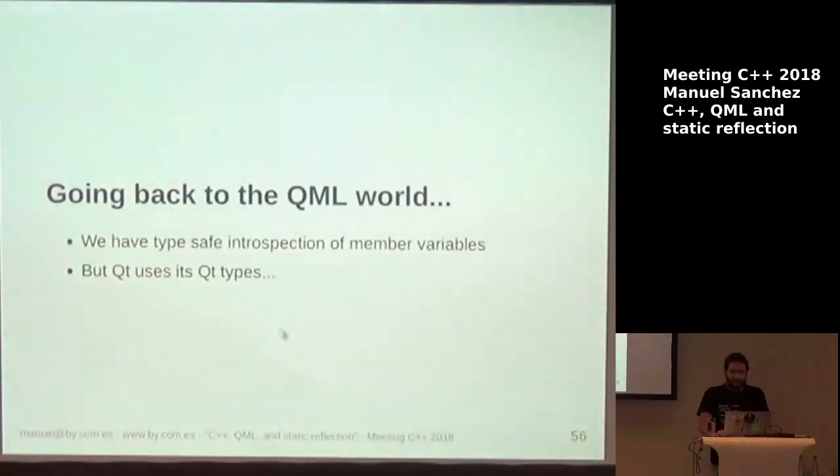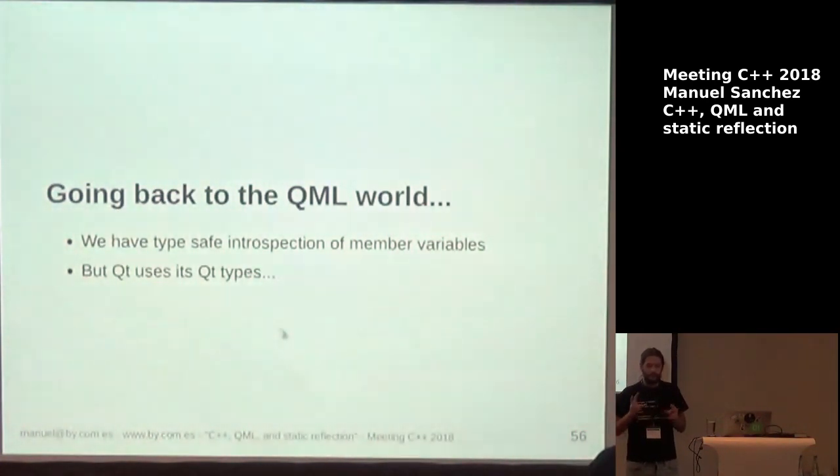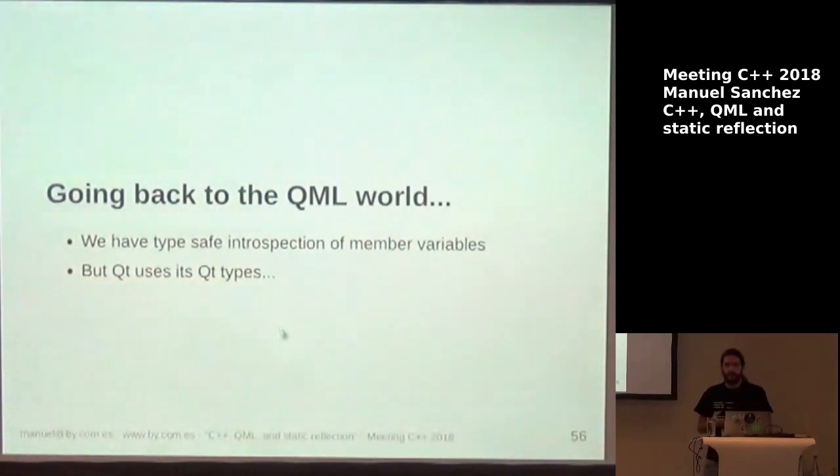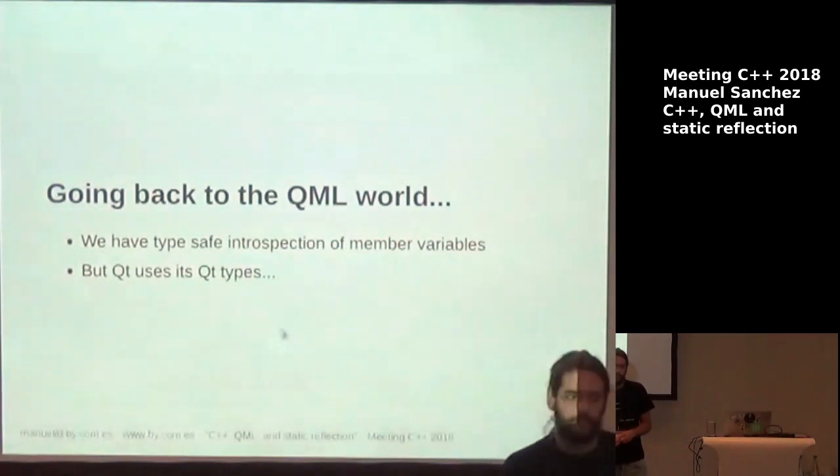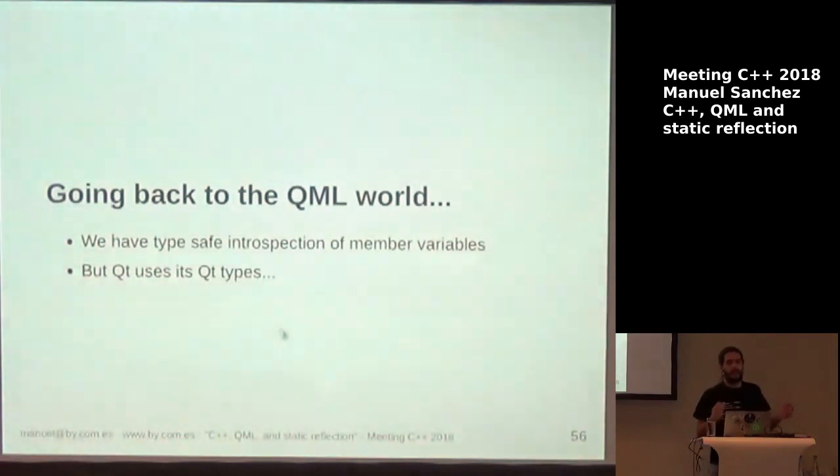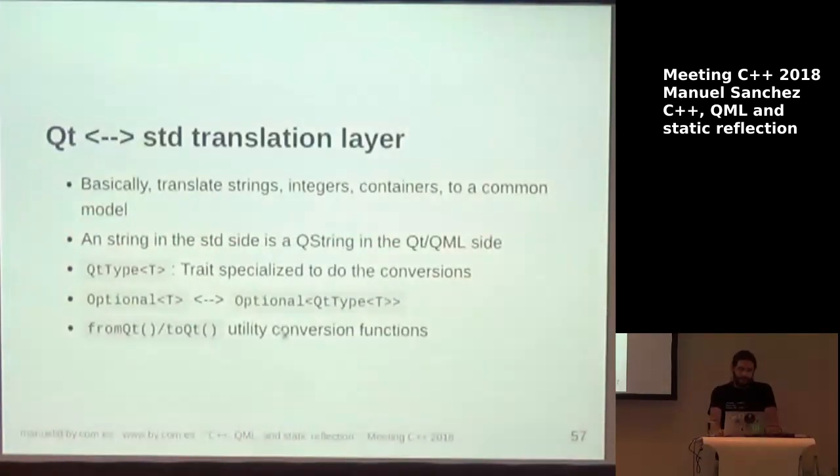So going back to QML, now we have a system that we could use to do something like a for each over a type, take every member, every field we want, and pass it to the QML side, automatically, not writing everything manually. But the problem is that Qt is still using Qt types for all its stuff, not std types like std::string or integer. So before exposing our data, we need to translate between the Qt types and the standard types.